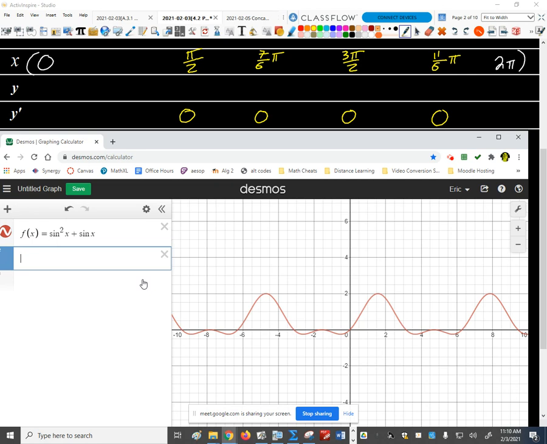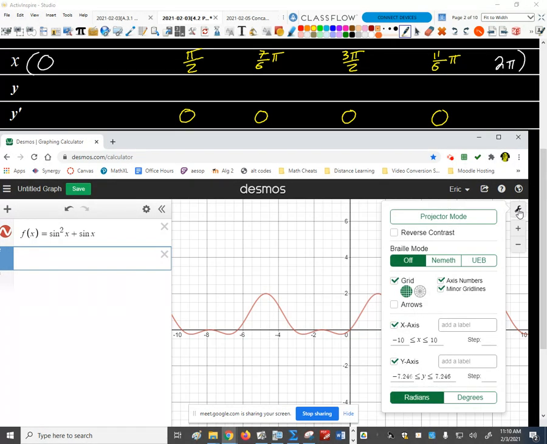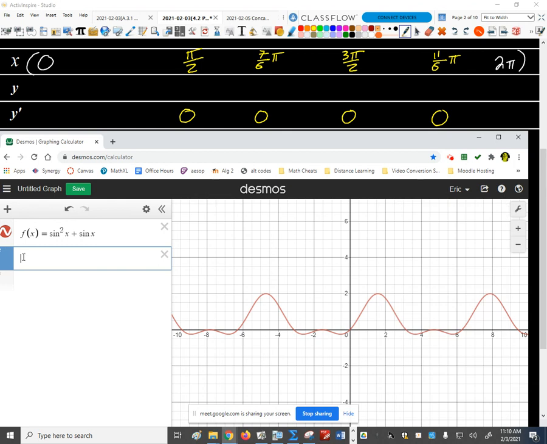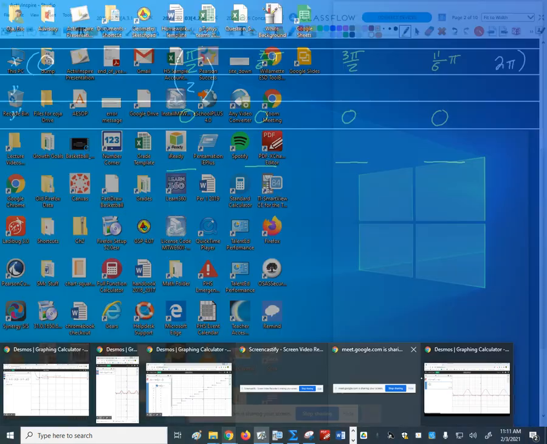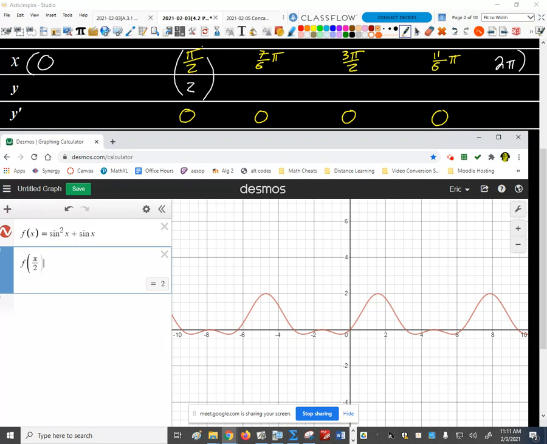So let's evaluate that. Oh, I got to be in radians. I'm in radians, good. So let's evaluate that at pi halves. I get 2. If I evaluate that at 3 halves pi, I get 0. Okay, I'll just put all these on here at once.